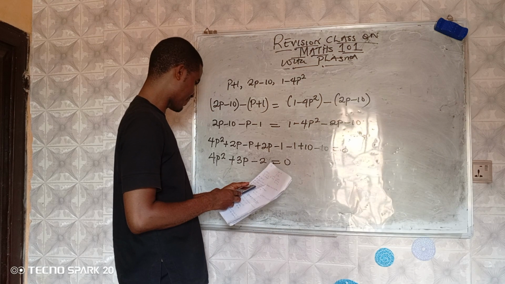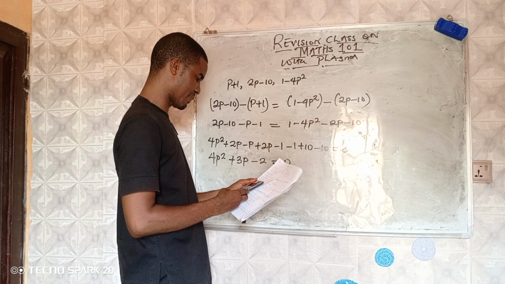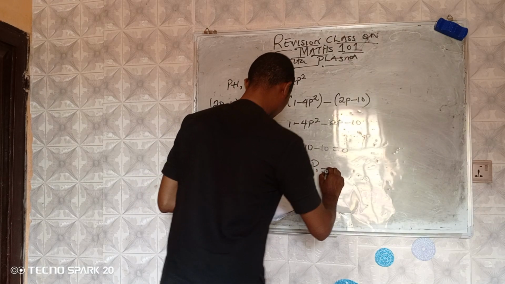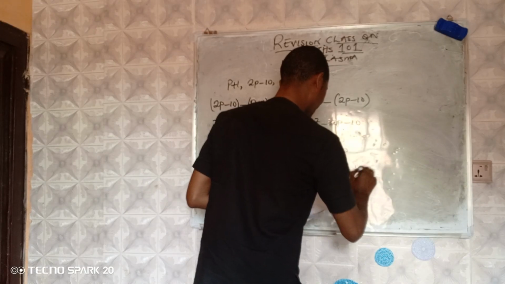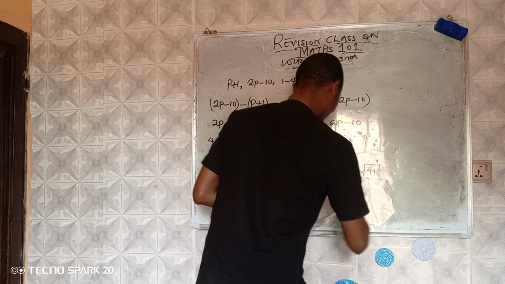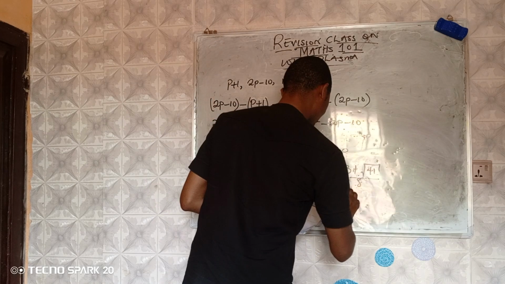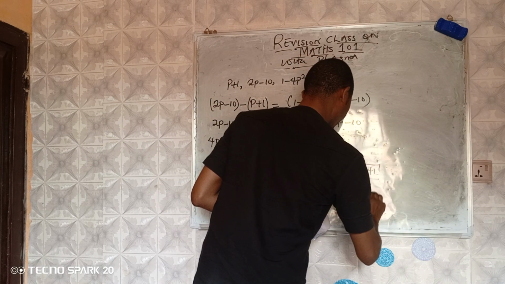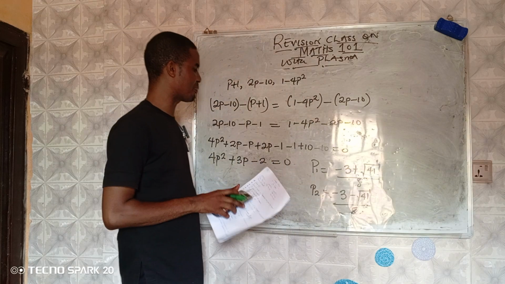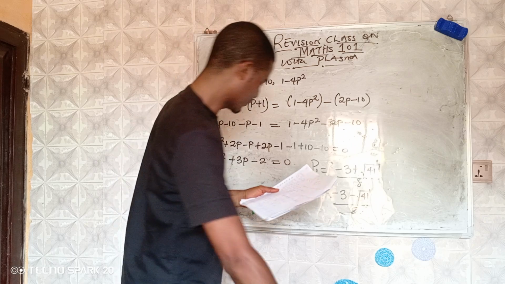I have 4 as my A, 3 as my B, and minus 2 as my C. So my first value P1 will be minus 3 plus root of 41 over 8, and my P2 will be minus 3 minus root of 41 over 8. So these are the values of P1 and P2. So that answers that question. We move to another one.